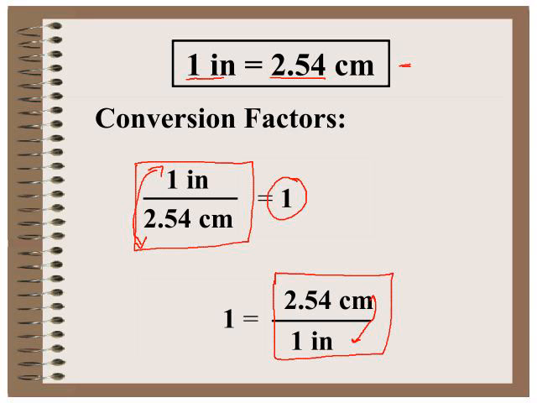So if we multiply our original value by this equivalency, we have the same quantity, we simply have a different unit. In other words, we have the same amount of stuff, just in a different unit.